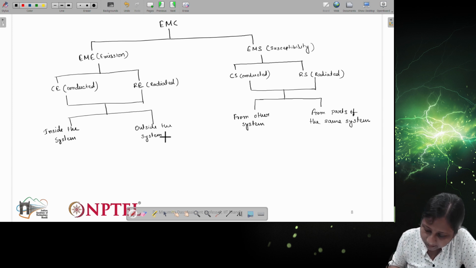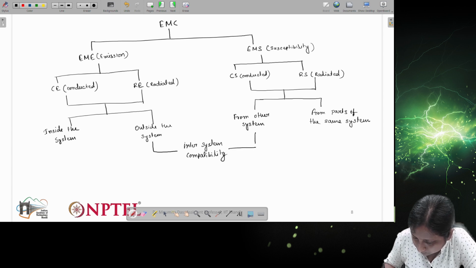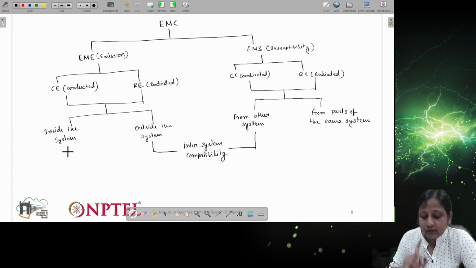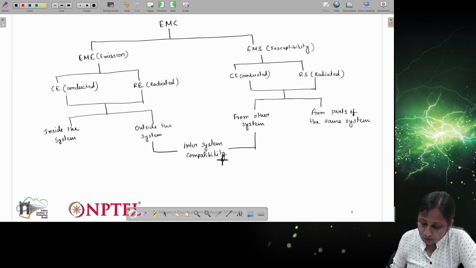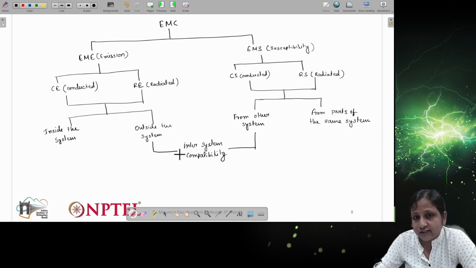That is why it is known as inter-system, between two systems, compatibility. If it is from another system, it should not get affected, so this compatibility should be there.